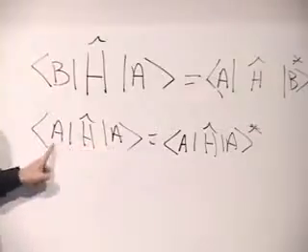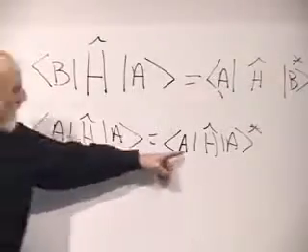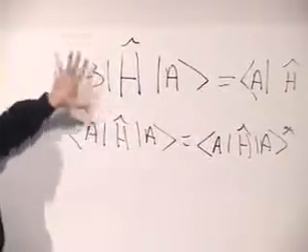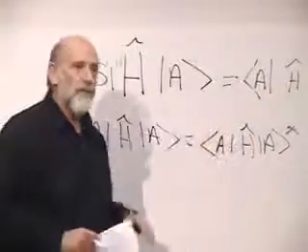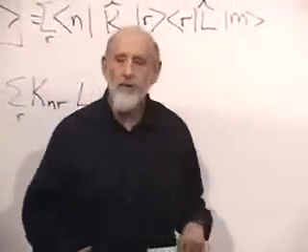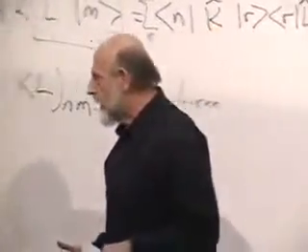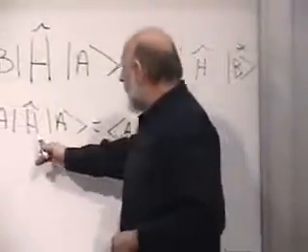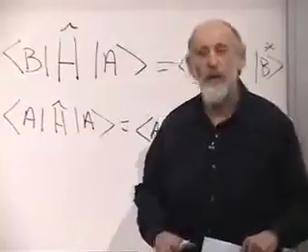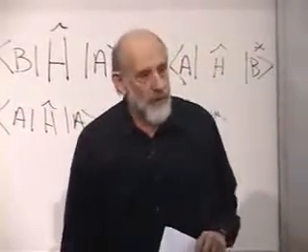Interchanging the bra vector and the ket vector will do nothing if they are the same, but then this equation just says that the left-hand side is the same as the complex conjugate of the right-hand side. And things which are their own complex conjugates are real. So sandwiching a Hermitian operator between the same state on either side necessarily gives you something real.